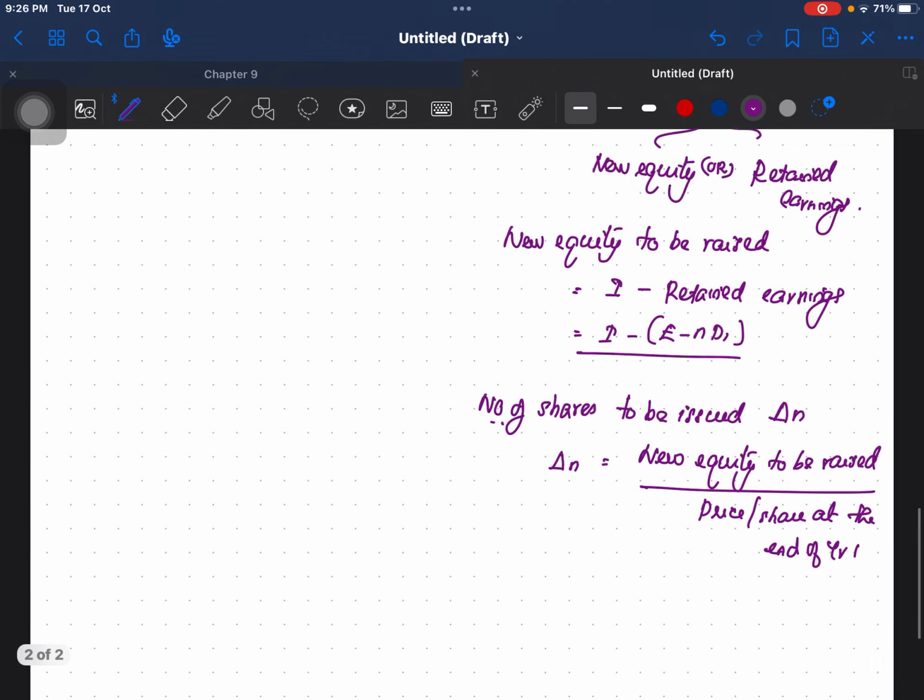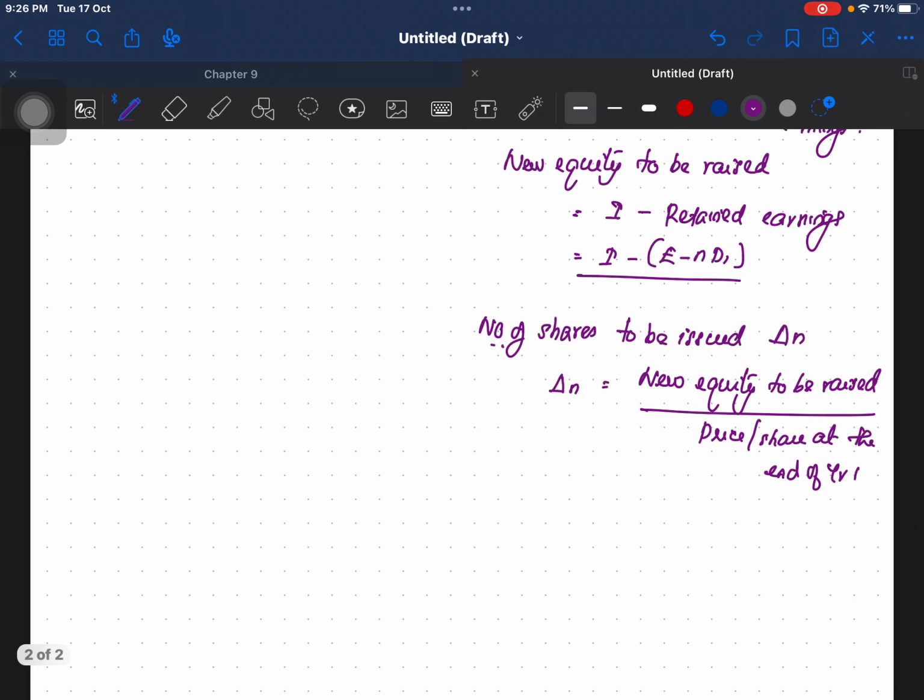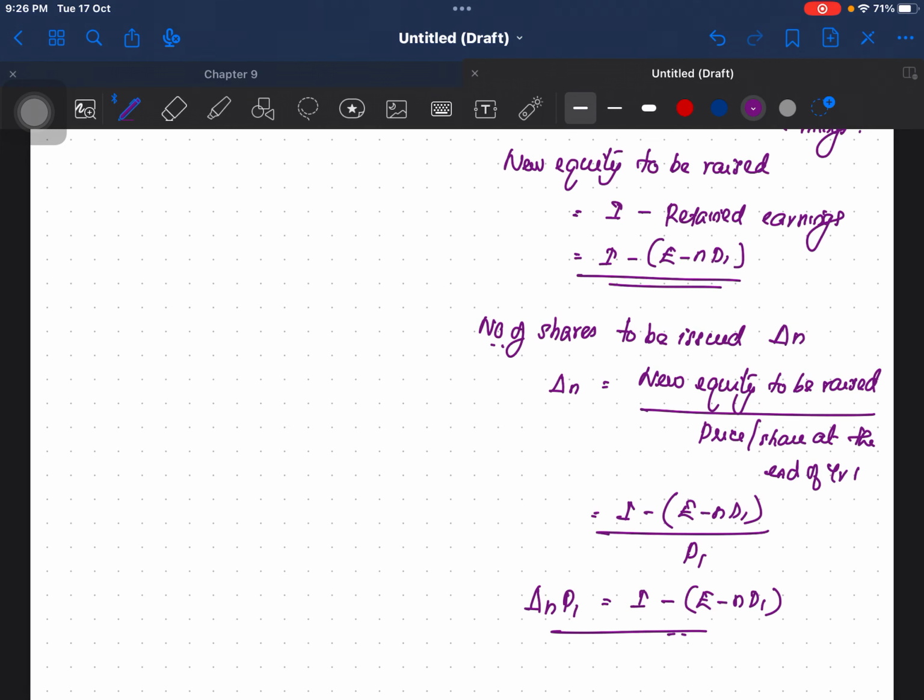What is new equity to be raised? We have already computed: I minus E minus nD1, divided by P1. So this is nothing but delta n P1 is equal to I minus E minus nD1. So this is another formula.